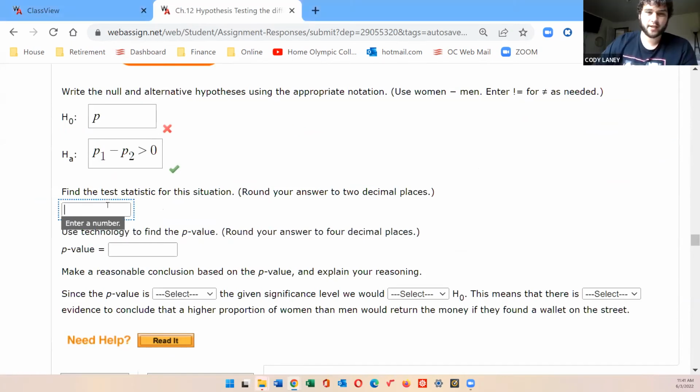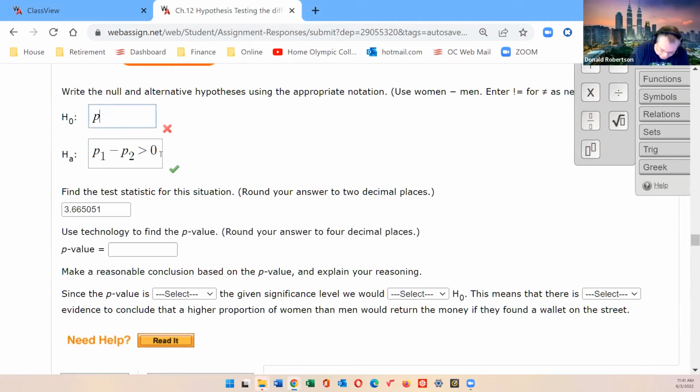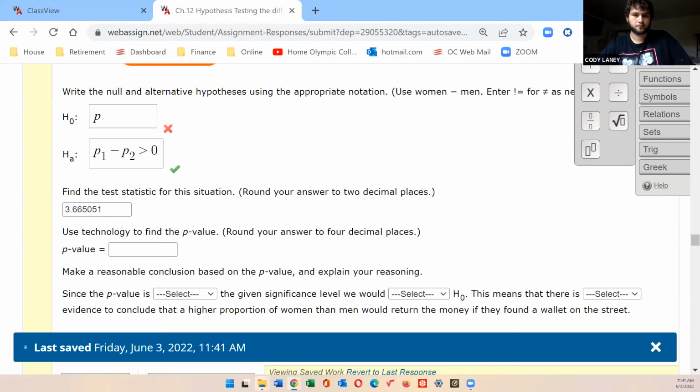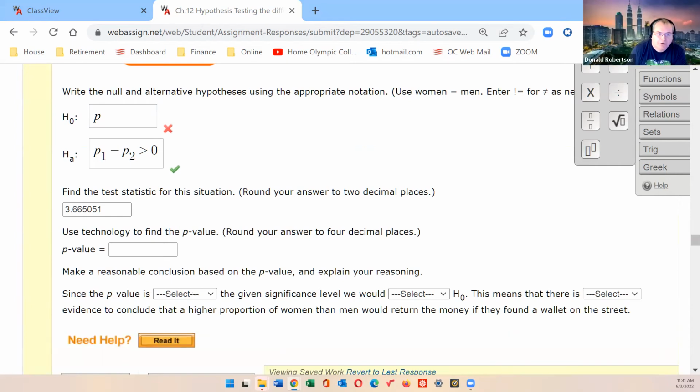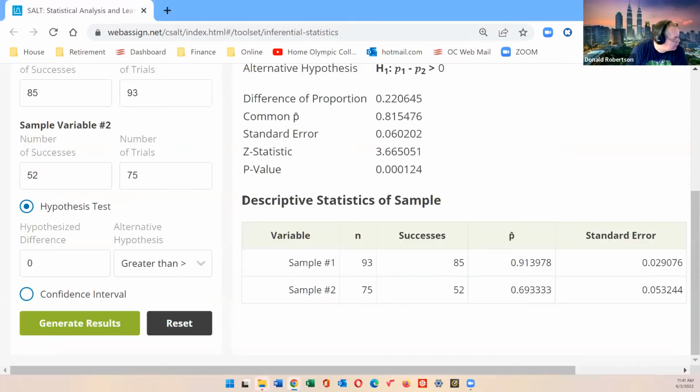Your hypothesis test was at 0. Well, yeah, this one up here, I just didn't fill it in because I didn't need to. In salt, isn't it supposed to be 0.05? No. What you type in, I'll show you what we typed into salt again. The hypothesized difference is always 0.